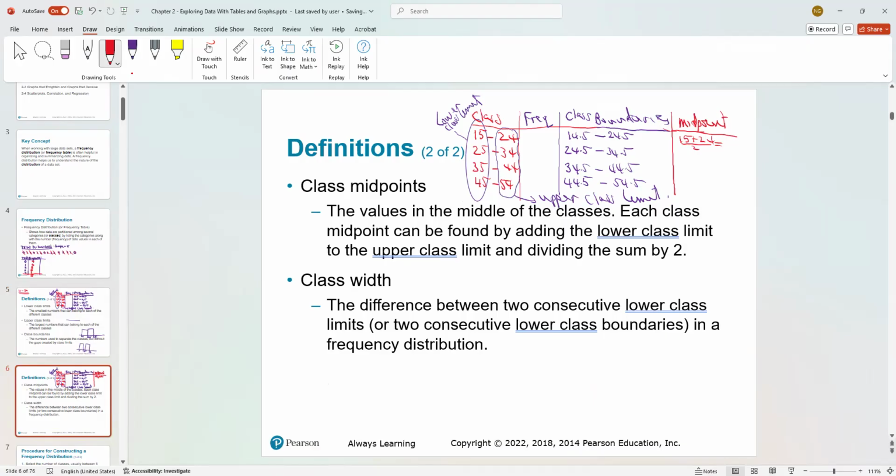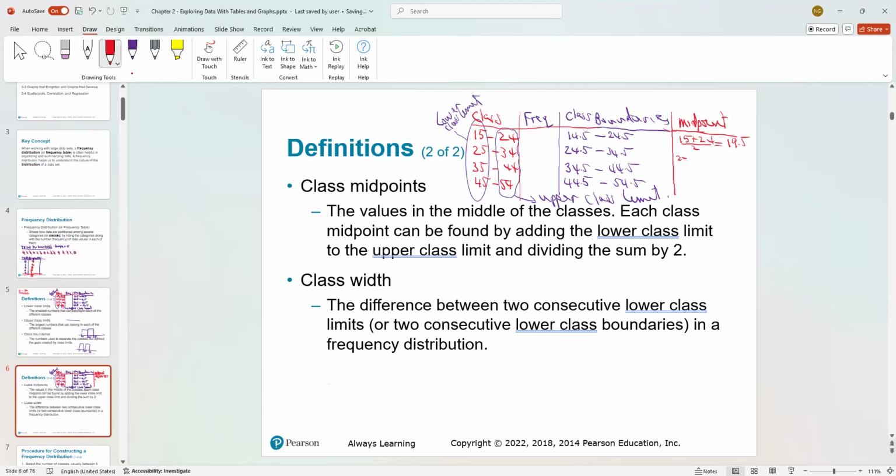I'm going to grab a calculator because I took random examples. So 15 plus 24 equals 39, divided by 2, that's 19.5. And you're going to do exactly the same thing for the second class interval.